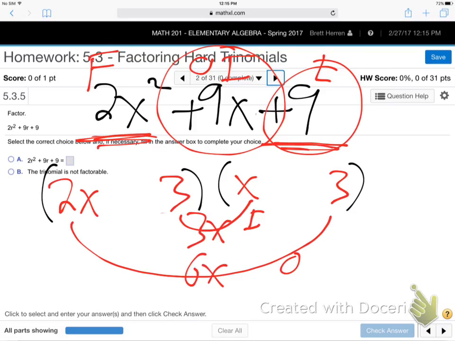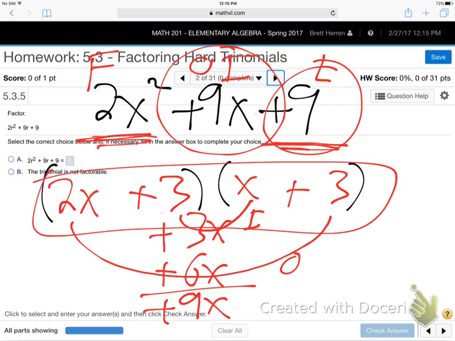Do they make the middle term of plus 9x? If so, what signs do they need? Both positive. There it is. This is my answer. Does that make sense? Am I going too quick? Is that good?